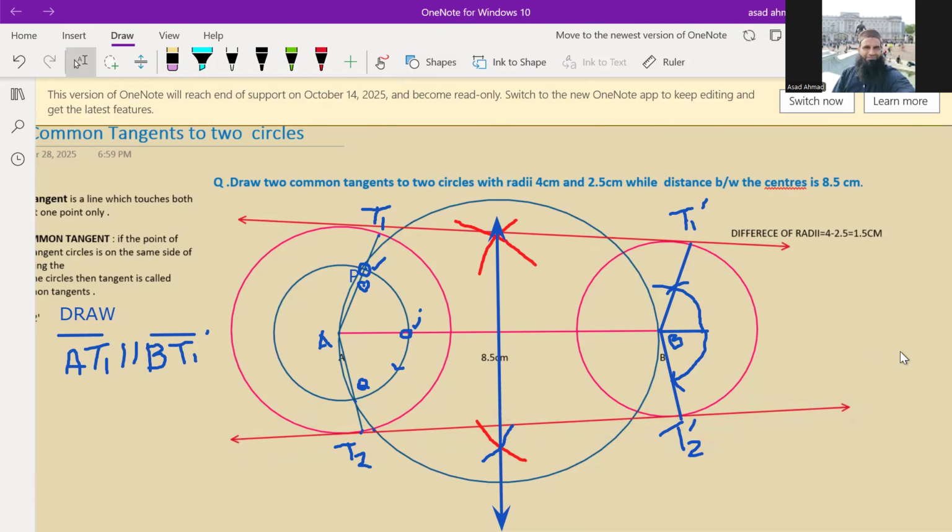T1, T1 dash and T2, T2 dash are the two direct common tangents. If you measure the length from T1 to T1 dash, it should be equal to T2 to T2 dash. This is an indicator that you have drawn the diagram perfectly. All right, so you need to draw it and practice it.